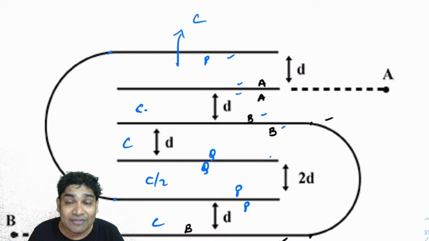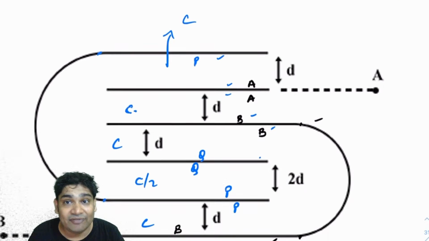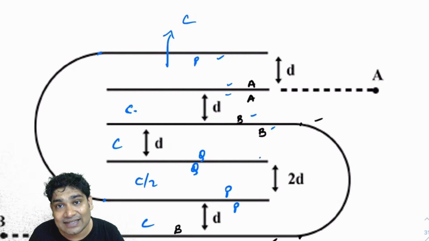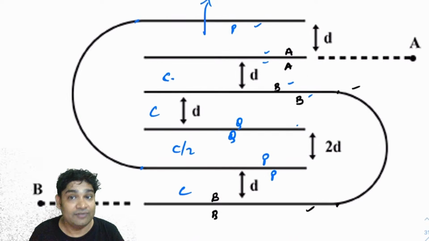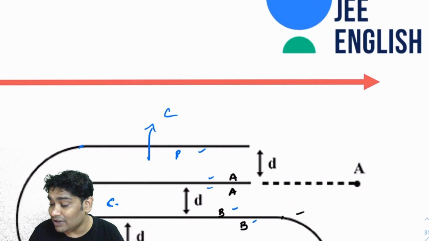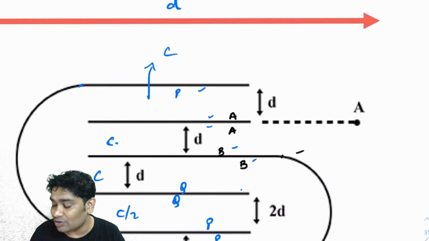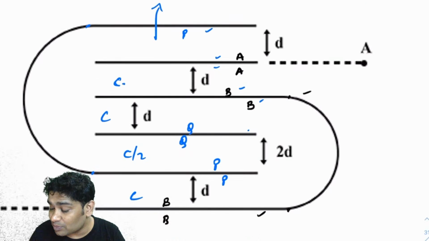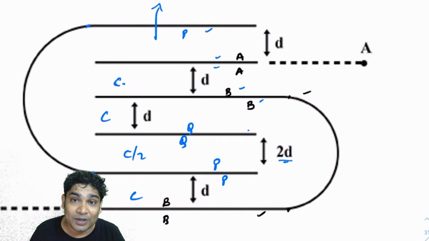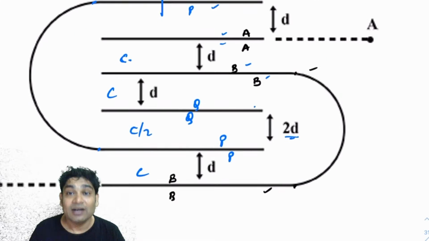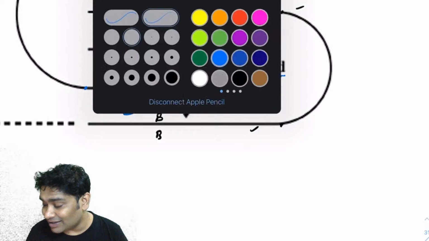So I can see 5 capacitors, with capacitances C, C, C, C by 2 and C. Why? What was the formula for C? C is equal to epsilon naught A over D. So if this is C, this is also C, this is also C, and this however becomes C by 2 because the distance is 2D. Now let's try and draw a simplified circuit.